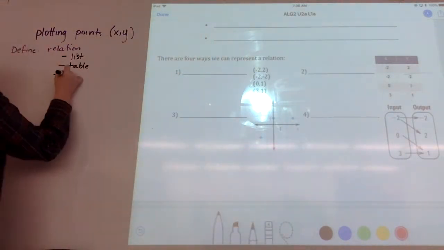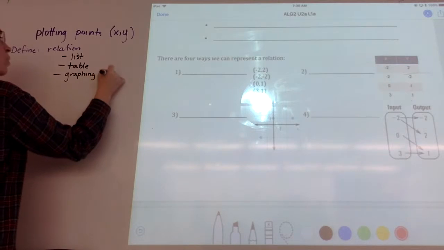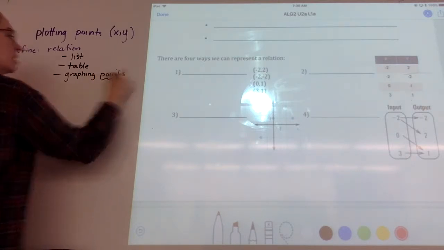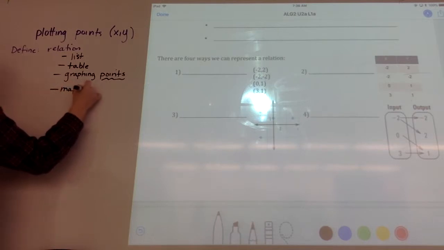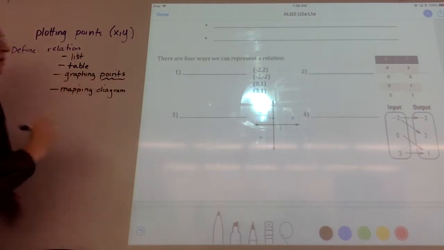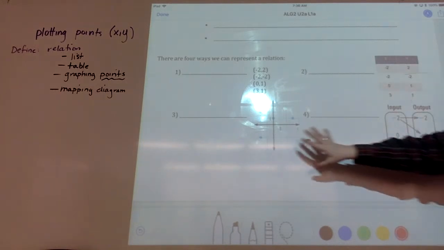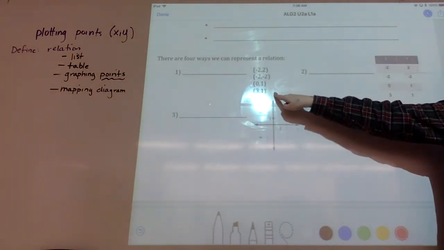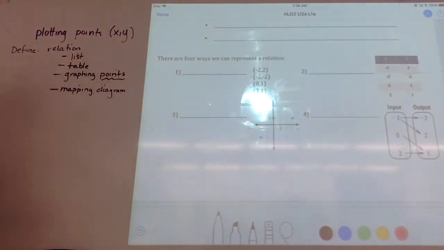We can do them in a graph by looking at the points specifically, the points in the graph, or we can do them in what we call a mapping diagram over here. And all you need to know is that you need to figure out that all of these should translate back to ordered pairs. There are different ways to represent ordered pairs.